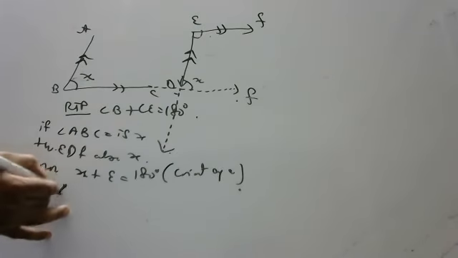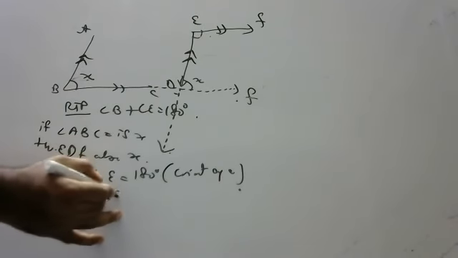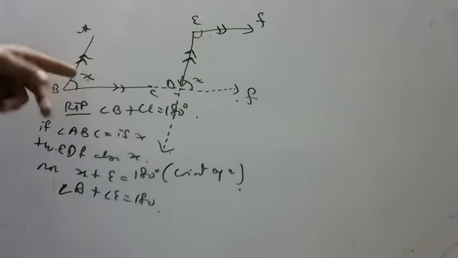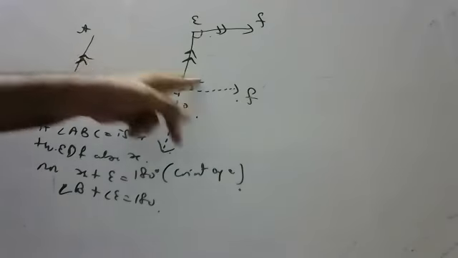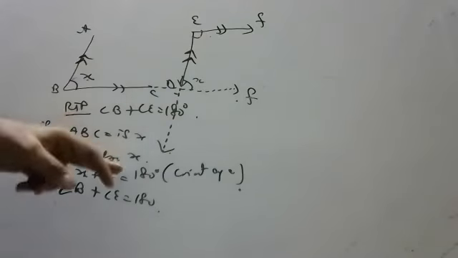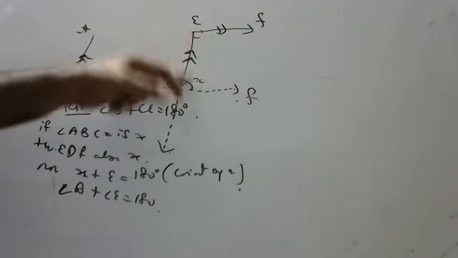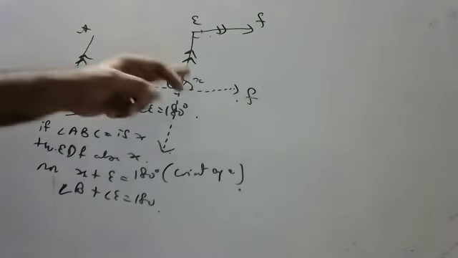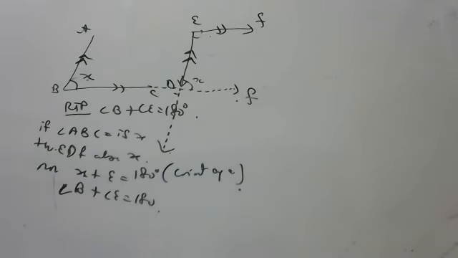ABC. So, angle B plus angle E is equal to 180. That's all. Those who didn't understand, again I'm saying, extend BC, extend ED. If this is X, this is also X, corresponding angles are equal because this and this are parallel. If this is X, X plus E is 180 because co-interior angles are supplementary. This is X because they are corresponding. Like that, you should understand.